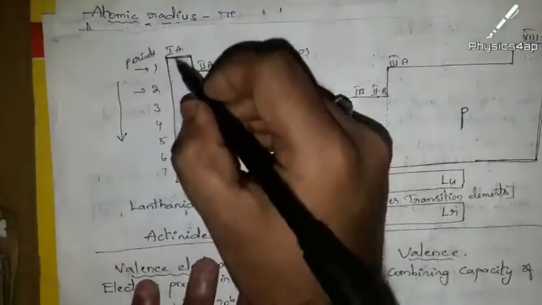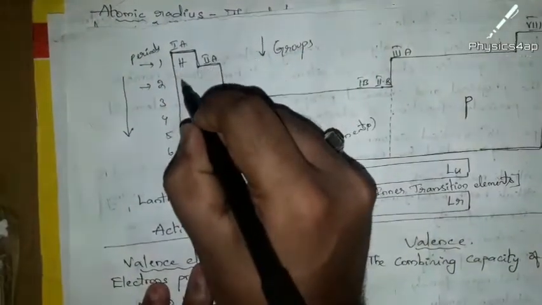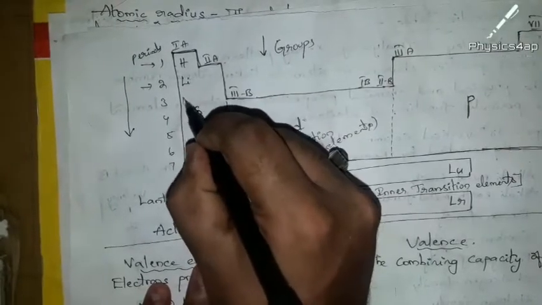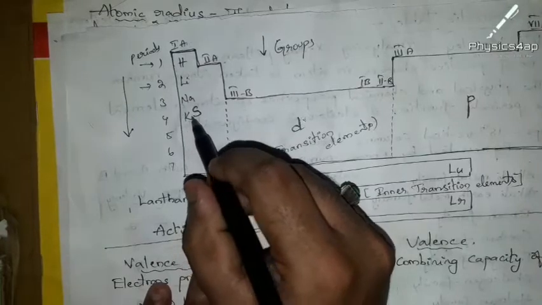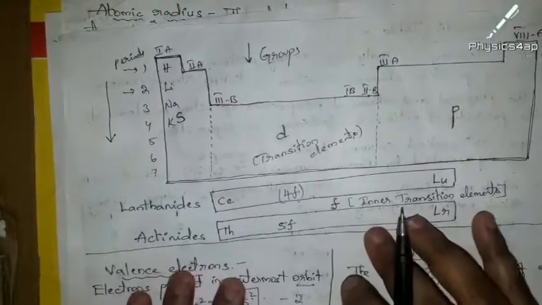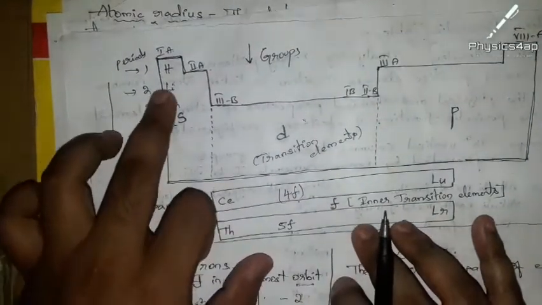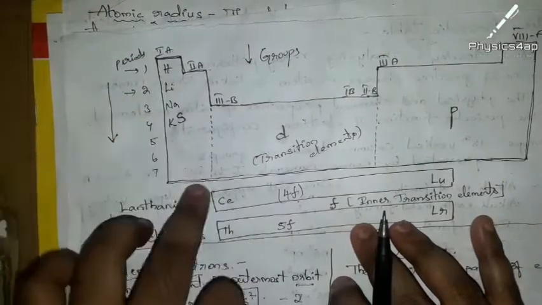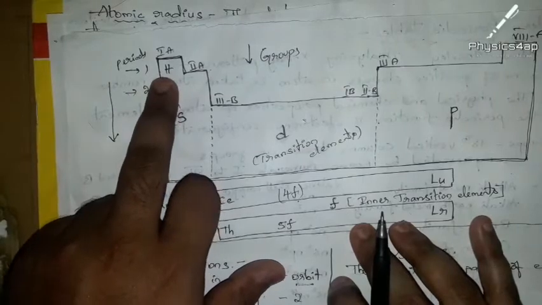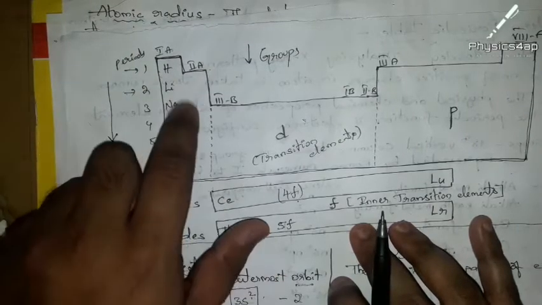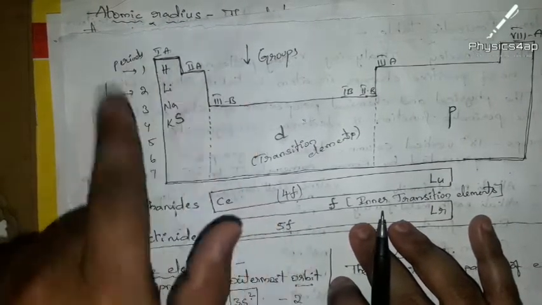If we go from top to bottom, here we have hydrogen, here we have lithium, sodium, and potassium, and so on. In a group, hydrogen is in the first period, which means it has only one shell.